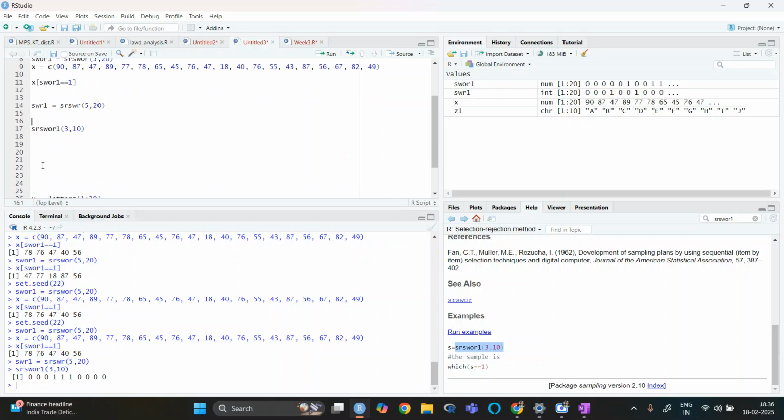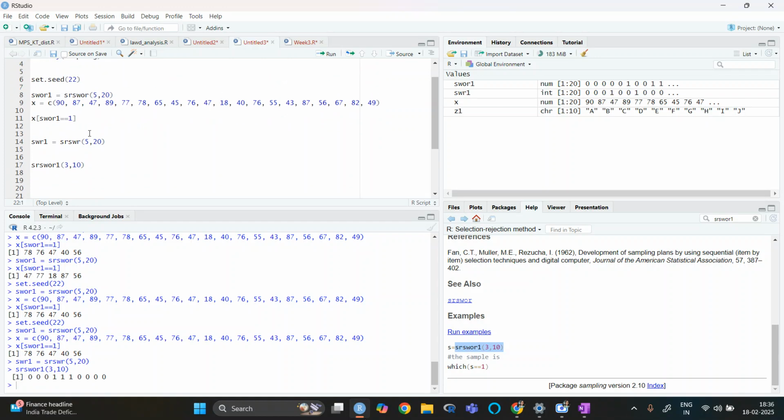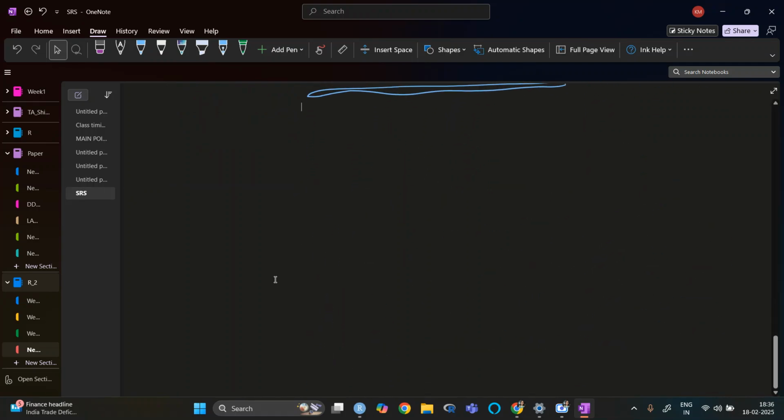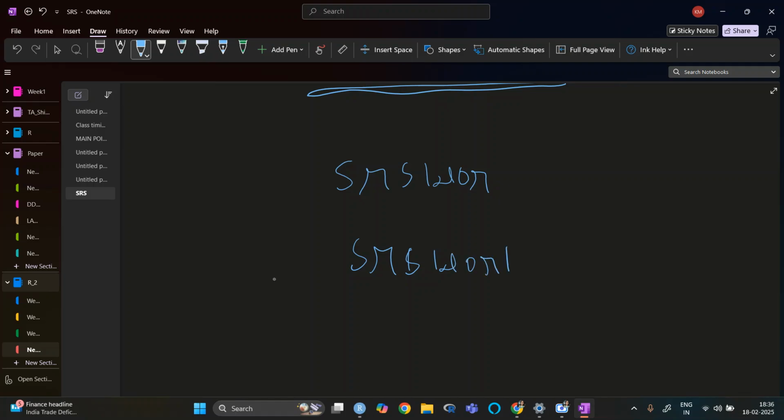If I define a vector as x, or I can define a vector as x1, this is just defining it. It has nothing to do with SRSWOR or WOR1. What I'm saying is, if I'm using a function, in the function I can give SRSWOR and SRSWR. These are two functions, right?